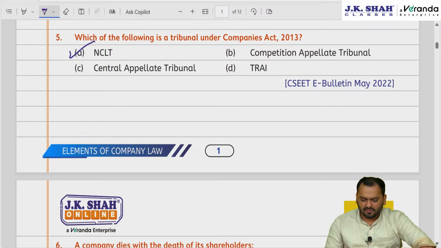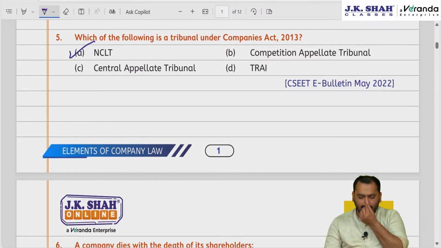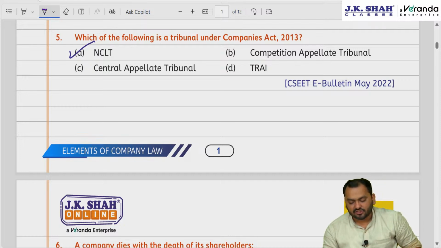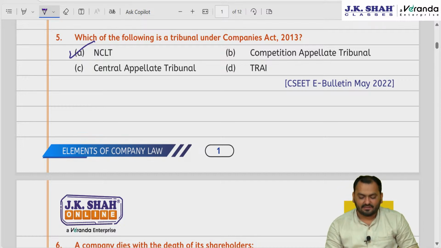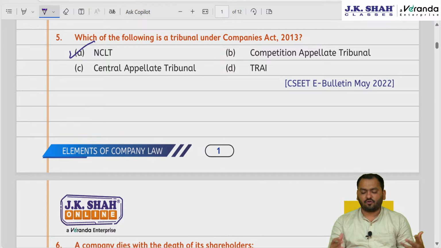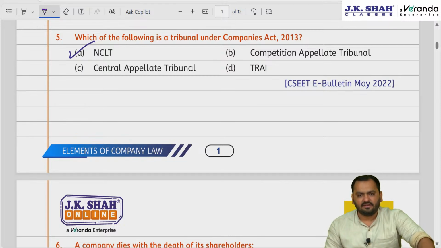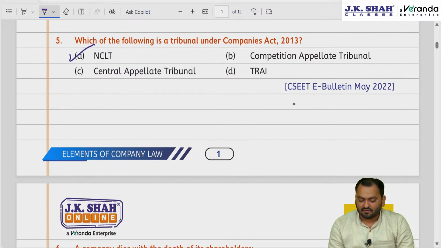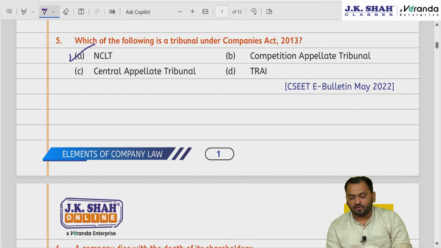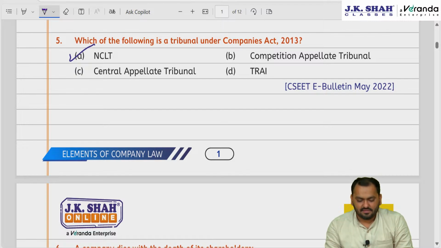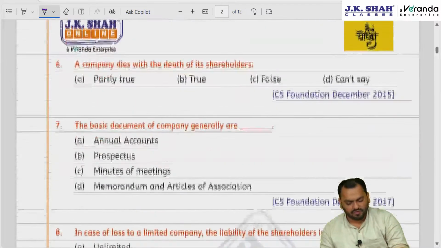I hope this is clear to everybody. The others you can see, Central Appellate Tribunal, Competition Appellate Tribunal, TRAI, that is Telecom Regulatory Authority of India. All these are also regulators and authorities, but our answer for the Companies Act is NCLT, National Company Law Tribunal. You can see this question was asked in the CSEET e-bulletin in May 2022, right? So let's go to the next one.